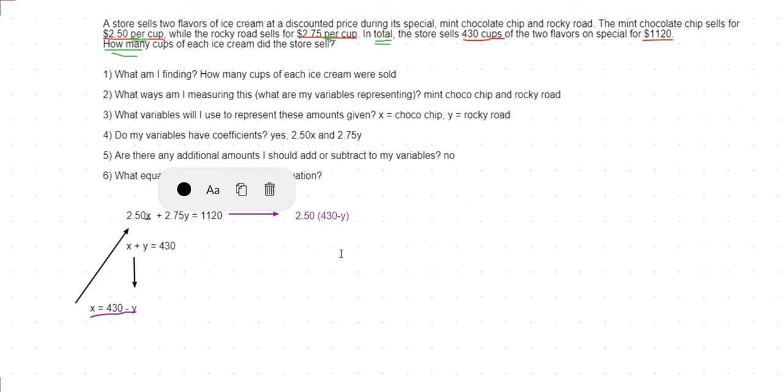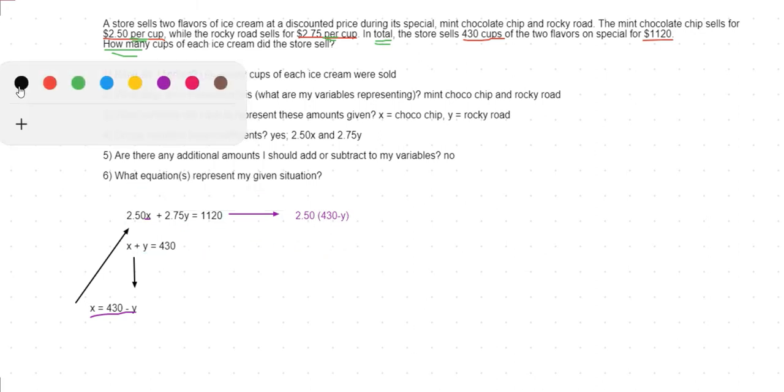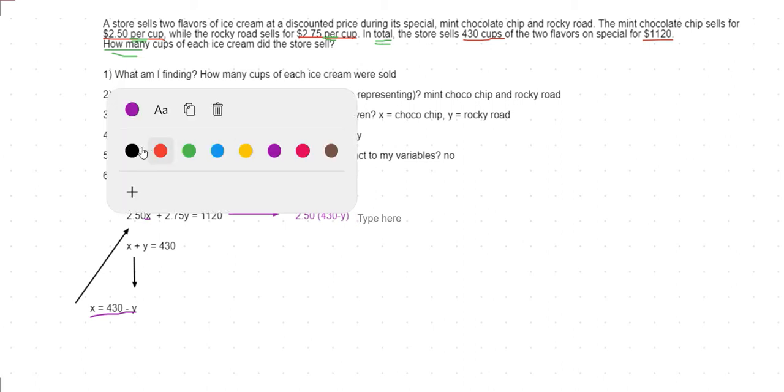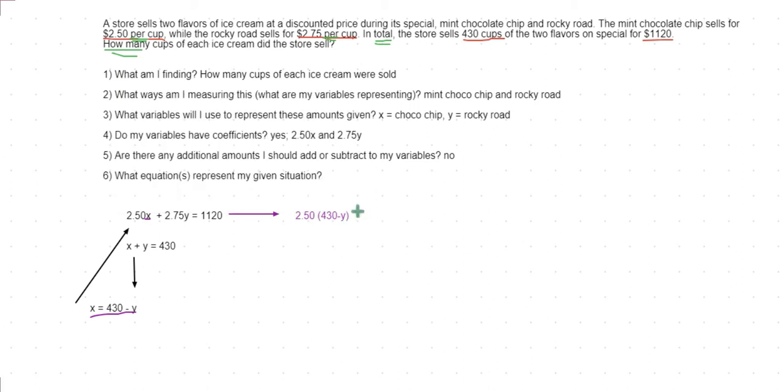That's the part that I just got for my rewritten equation. And now what I'm doing is going ahead and rewriting the rest of this. And this was plus 2.75y equals 1120. And now I just go ahead and go through and solve.